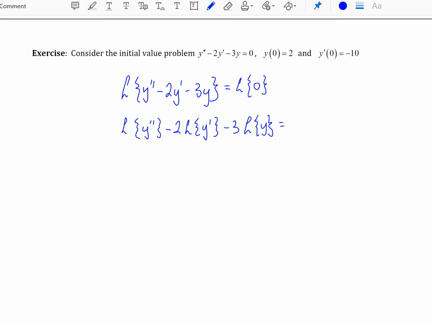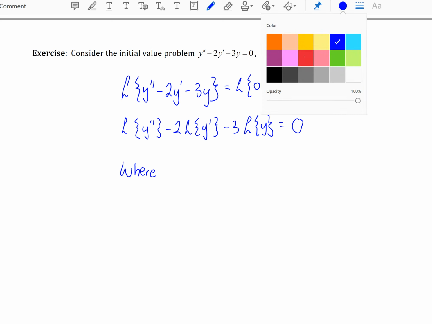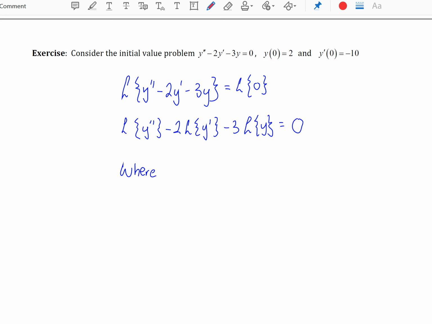But remember, the Laplace is a linear transformation that sends the 0 function to the 0 function. So the Laplace of 0 is just 0. Where we can use our definitions on our previous page to find representations for the Laplace of y prime and the Laplace of y double prime in terms of just the Laplace of y.